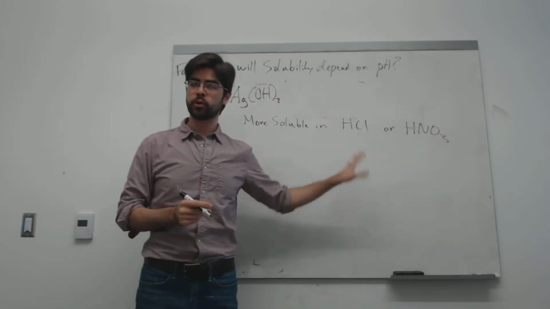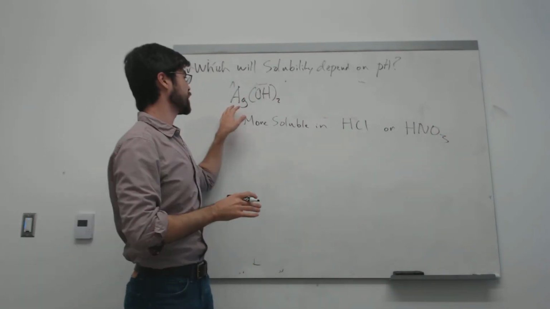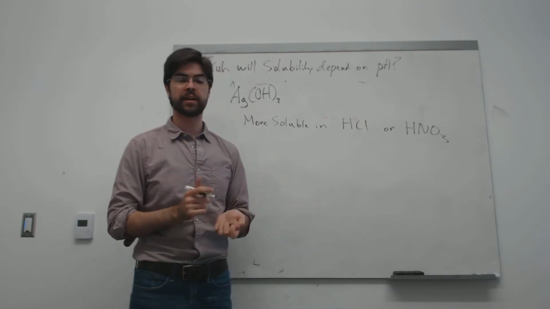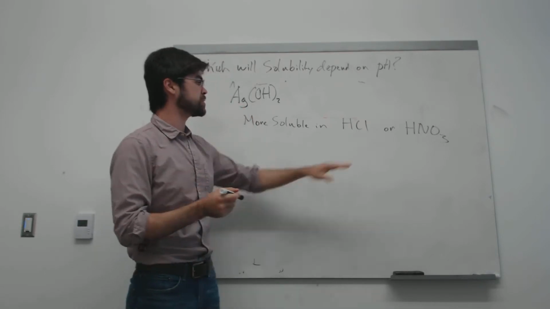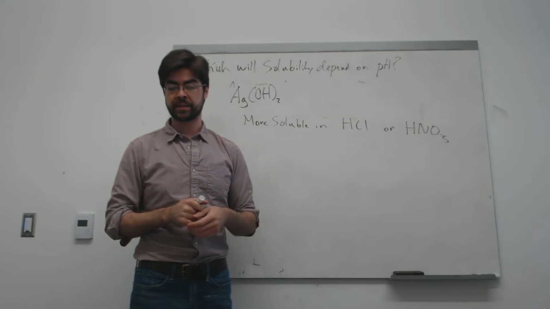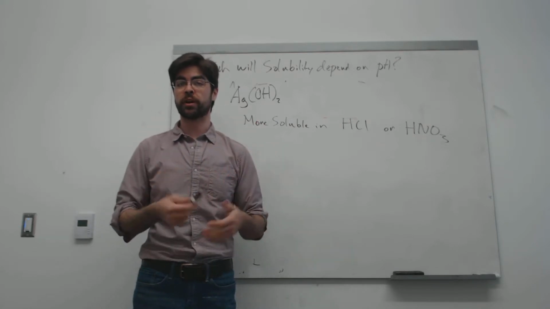So I've got these two strong acid solutions, and I'm trying to dissolve silver hydroxide in HCl or in nitric acid. And my question is, which one is it more soluble in?